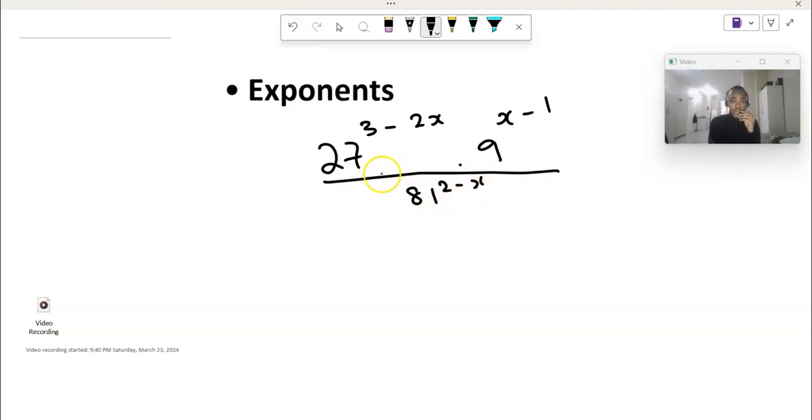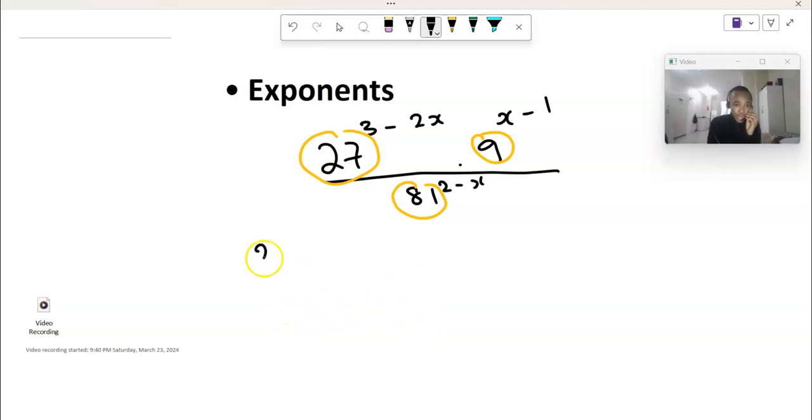So the first thing you have to do is to break down these numbers, the 9, 27, and 81. On your calculator, you press 27 and then the equal sign, then shift, and there's a button written fact, then you press fact.